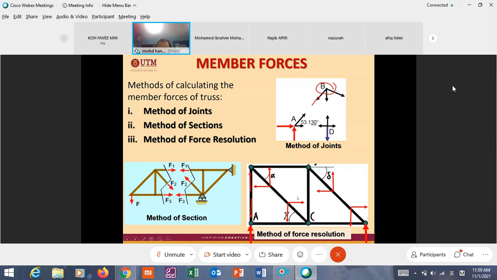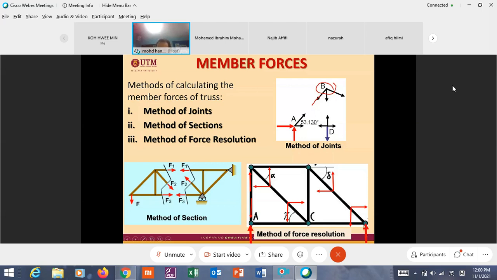For example, here you have one member, one force here. In this case, it is a reaction force. So this reaction force you must apply. This member should oppose this force in such a way that the component X and component Y, when combined, will be collinear with this member.